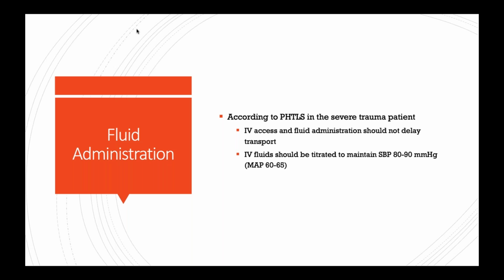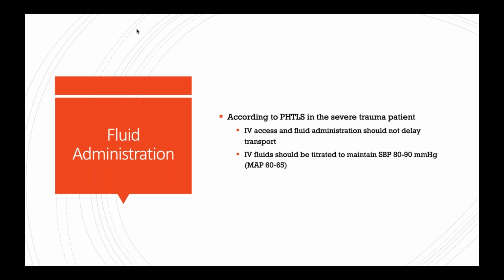If you have to bolus some fluid because your patient is hypotensive, you should titrate that to maintain a pressure between 80 and 90 millimeters of mercury. We don't want to bust up any clots that are helping stop their bleeding. We also don't want to make them colder or dilute their blood factors.